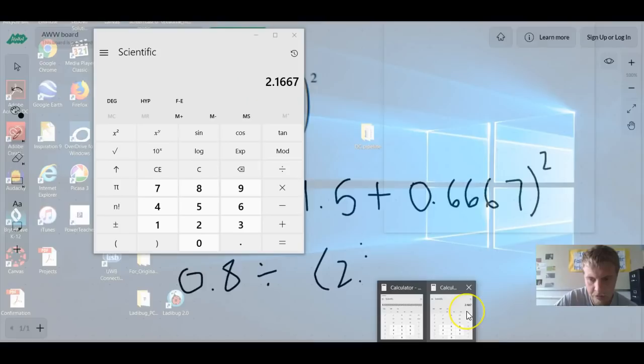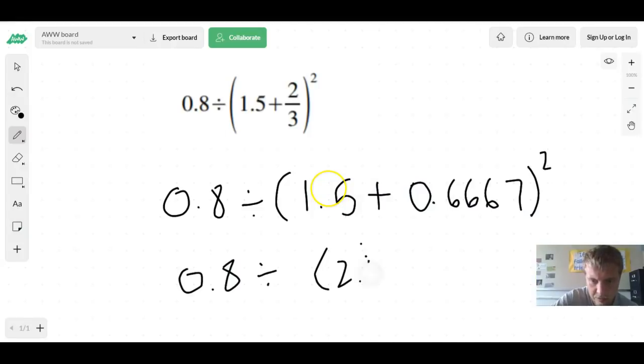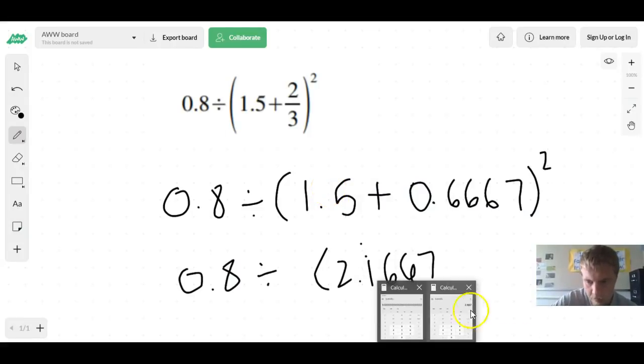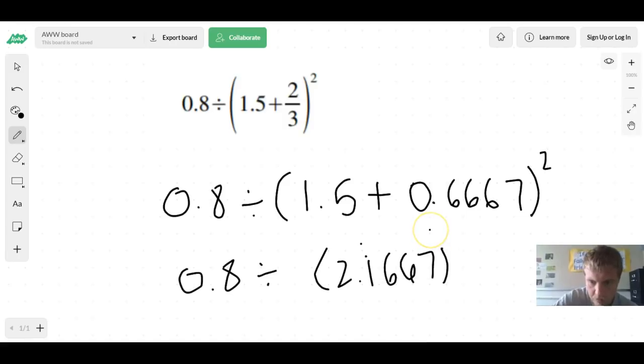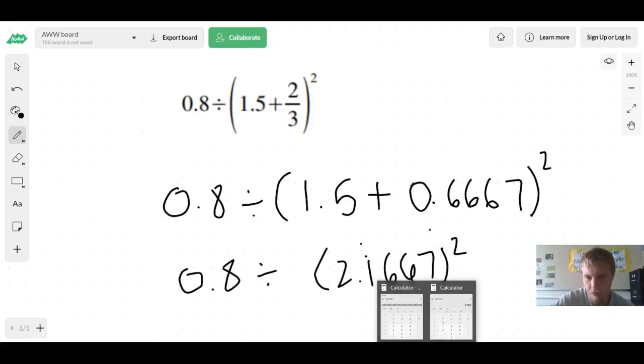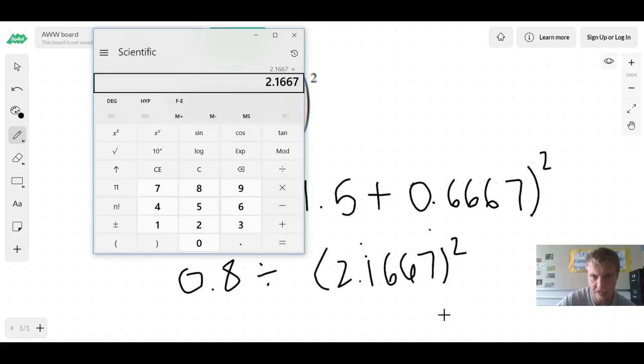Make sure I got the right number. 1.6667, I believe. Yep. Now we're going to square that, or times it by itself. So we'll say times 2.1667.